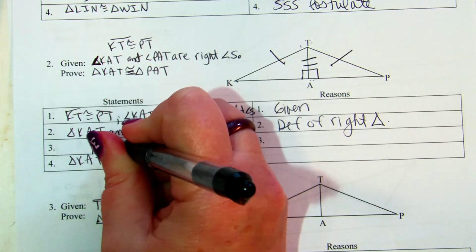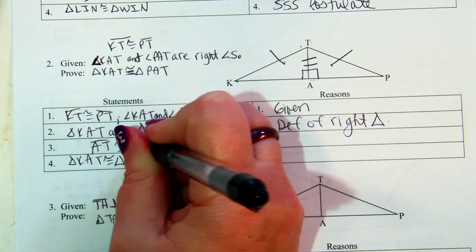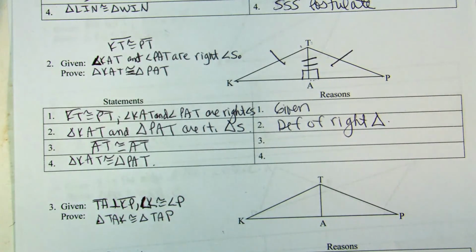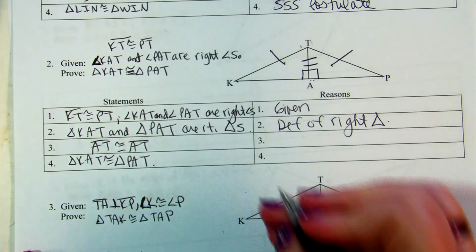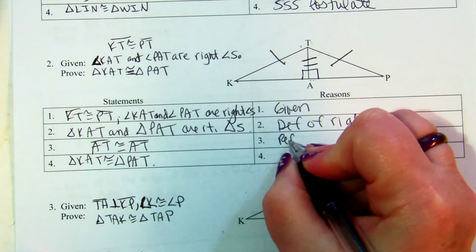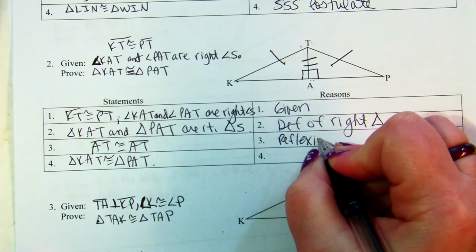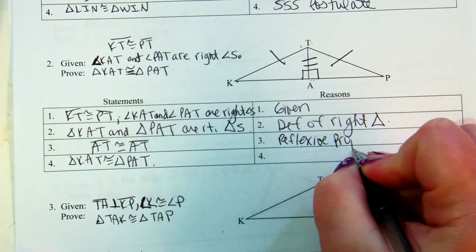AT is congruent to AT. And what's that called when you mark the side congruent to itself? Reflexive property.